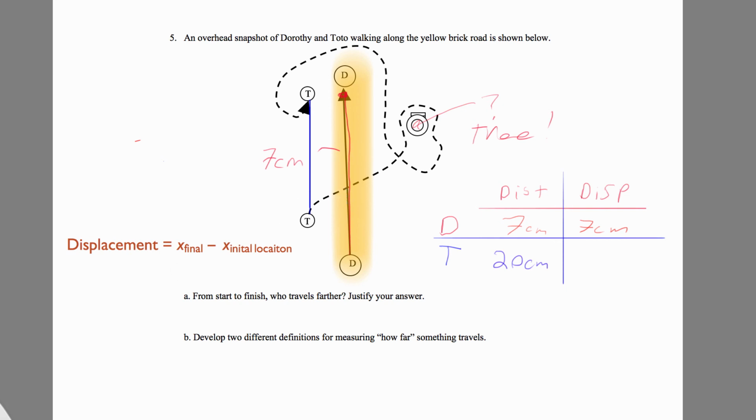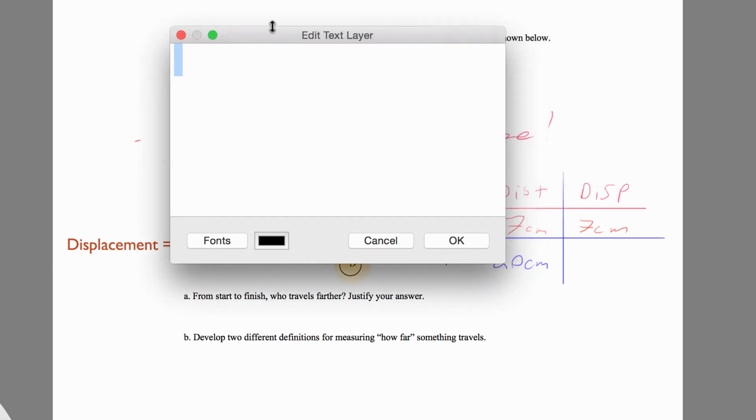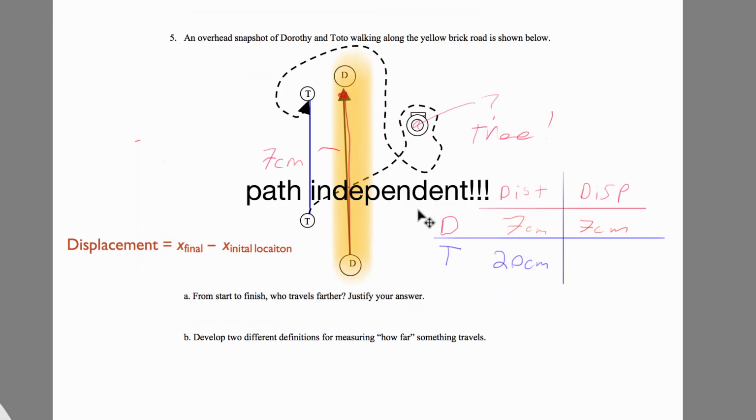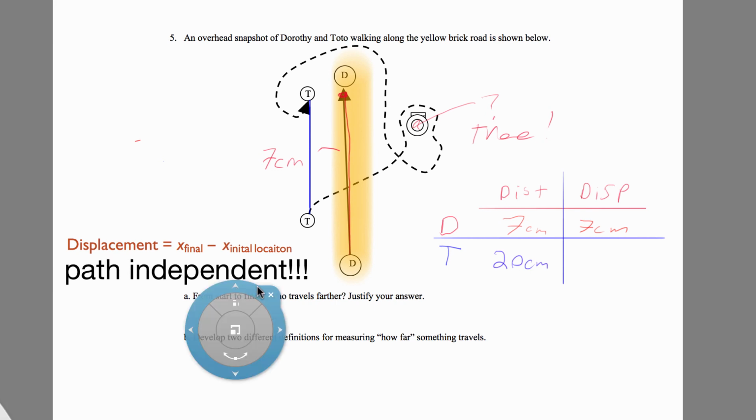So one thing that can be said about displacement is that it is path independent. That means it doesn't matter what route you take. All that matters is where were you and where are you now.